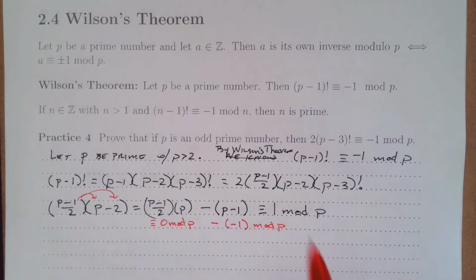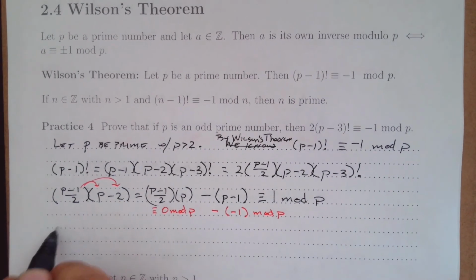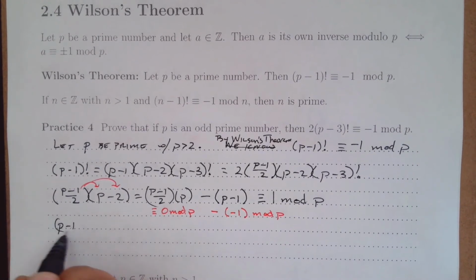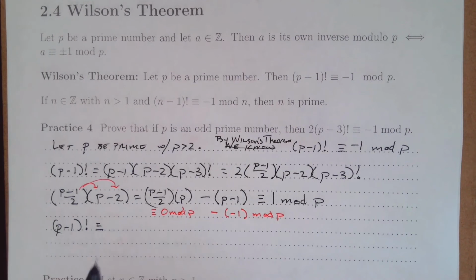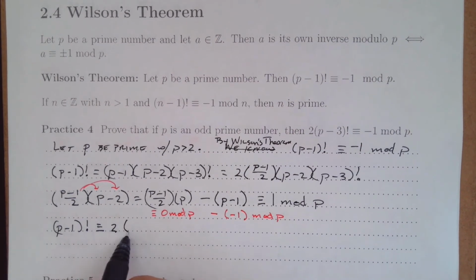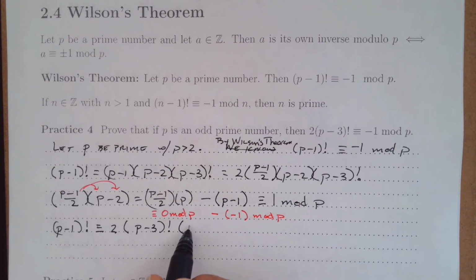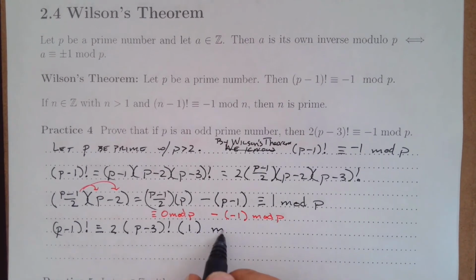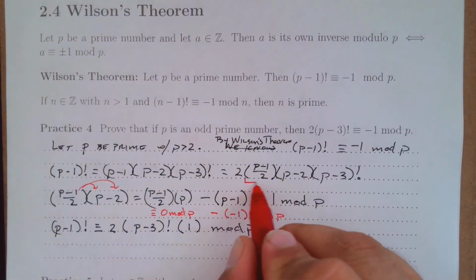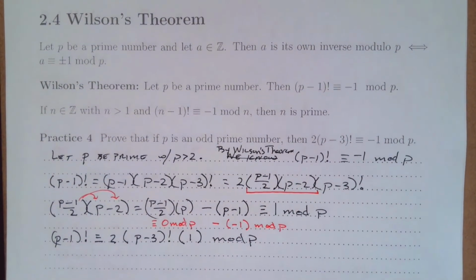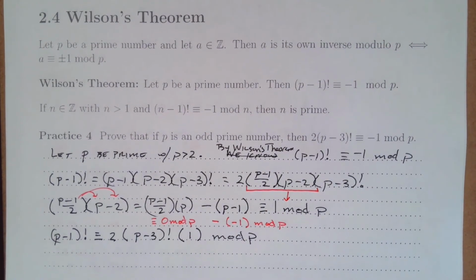Well, that's great for me, because what does that tell me? That tells me that (p − 1)! is equivalent to 2 times (p − 3)! times 1 mod p, because this portion is equivalent to 1 mod p.